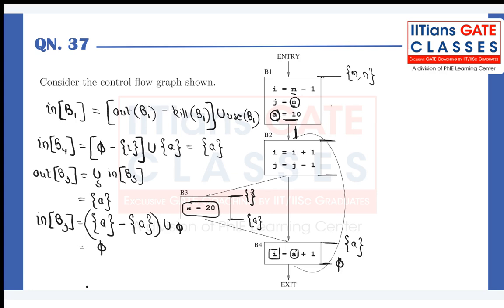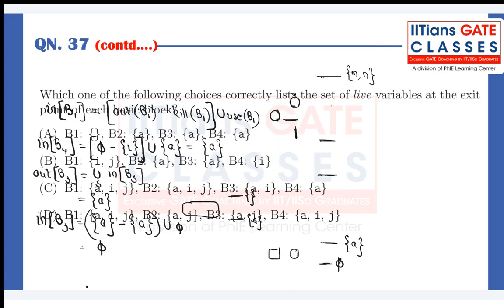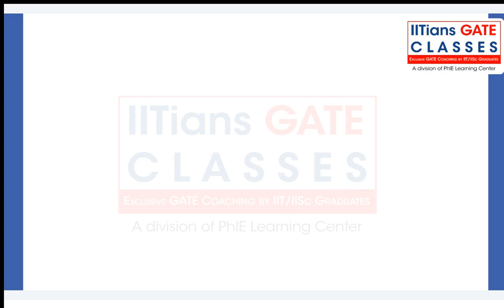Now we go to B2. To write it here now, it's taking some time to load. One second. Yeah. So out of B2 is nothing but the union of the in of the successors. The successors of B2 are B3 and B4, right?